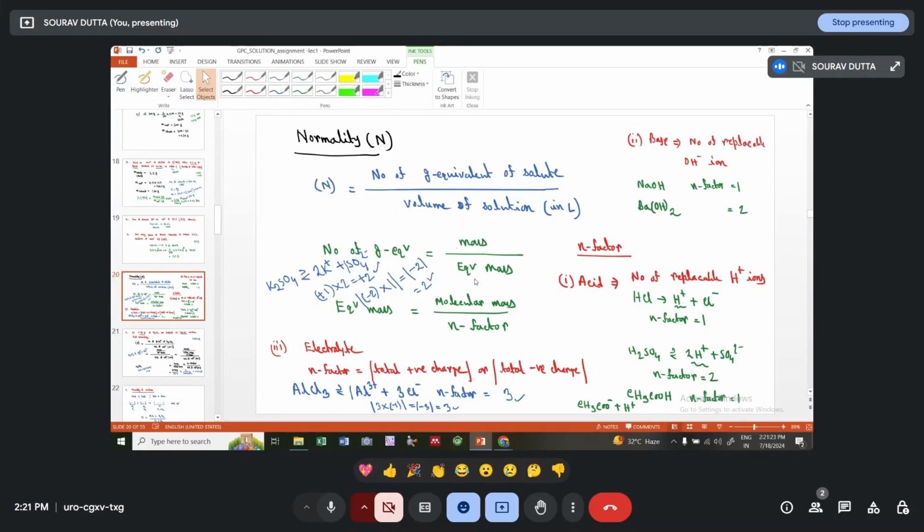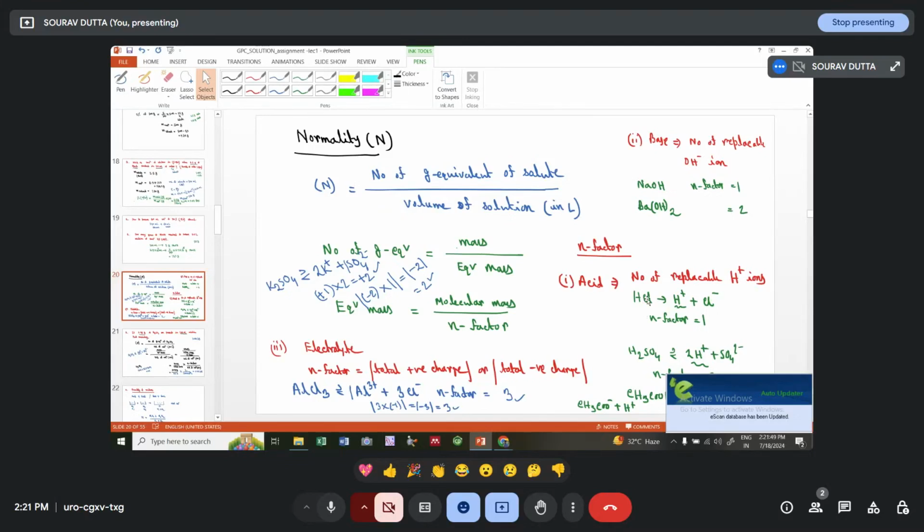Now another question, how can we calculate equivalent mass? Equivalent mass equals to again molar mass divided by n factor. What is n factor? The definition of the n factor is different for different types of species. If I am talking about acid, number of replaceable H plus ion in the solution indicates n factor.